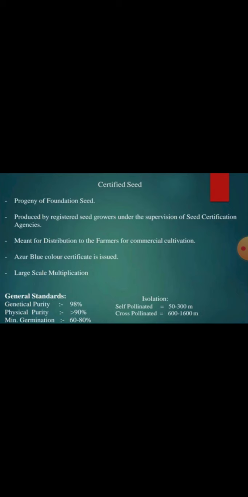Genetic purity for certified seed is 98%, physical purity is 90%, and the minimum germination percentage is 60 to 80%. Again there is a tag color, that is azure blue, and its size is 15 centimeters long and 7.5 centimeters wide, and it can also be produced on a large scale.